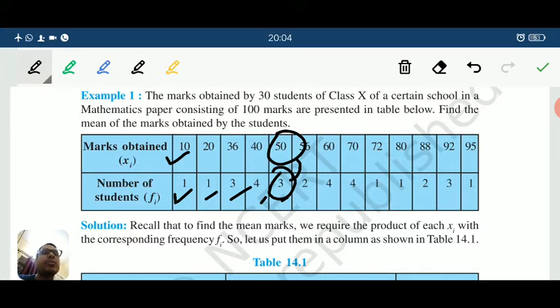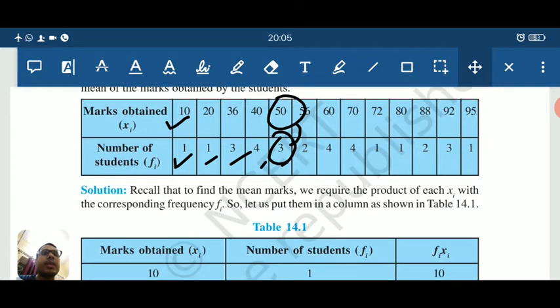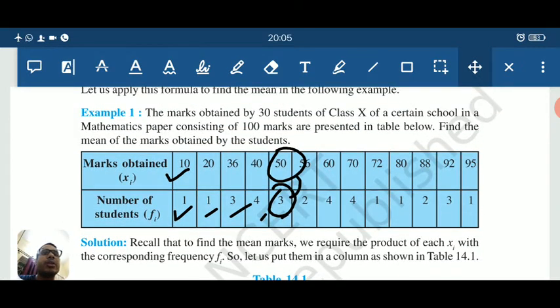So this is how the table is represented, where marks obtained is the observation and number of students will be the frequencies. So how do we find the mean of this given data?